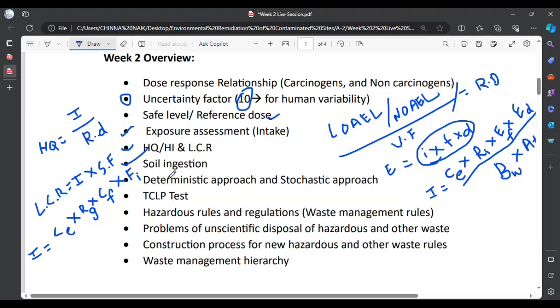Multiplied by EF, the exposure frequency, number of days per year, and ED, the exposure duration, which we discussed earlier, divided by BW, body mass, and AT, average time.